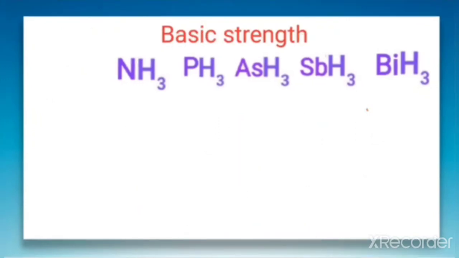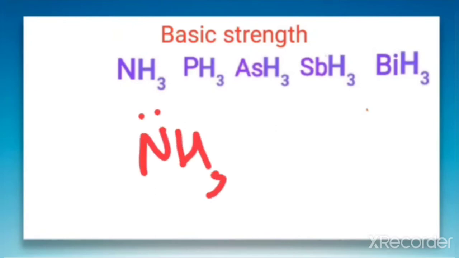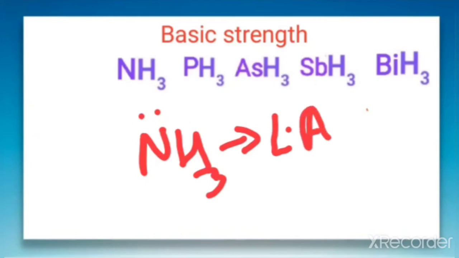Let us discuss basic strength. All hydrides of group 15 have one lone pair. Let us take the case of ammonia. It has one lone pair. Because of the lone pair, it has a greater tendency to donate it to electron deficient species, which are called Lewis acids. So the hydride of nitrogen acts as a Lewis base.